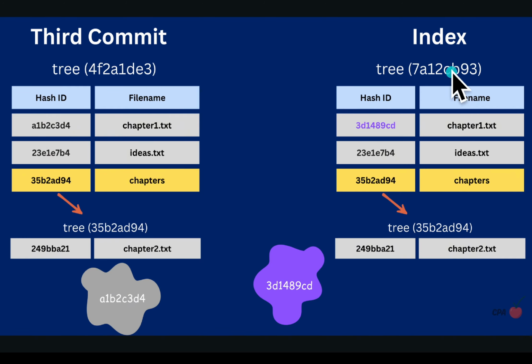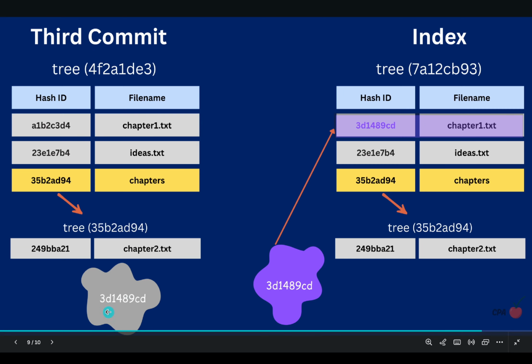So you see this is a new tree, but the only change is that Git has updated the file name chapter 1 such that now it points to a different blob, to this blob, while in the third commit, chapter 1 was pointing to this version or this blob of chapter 1.